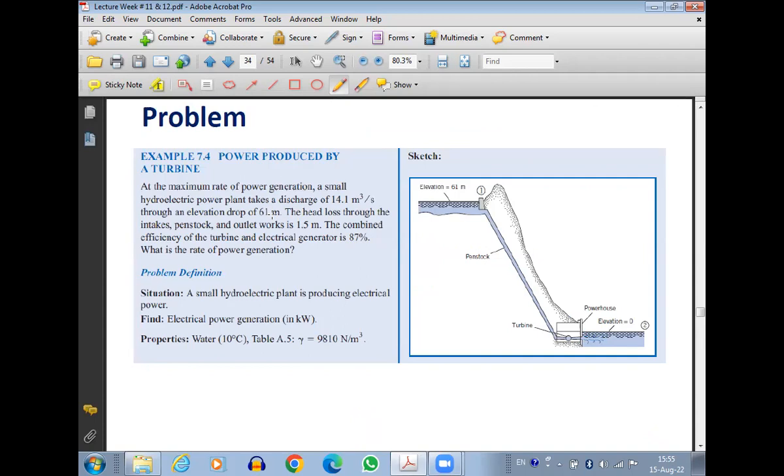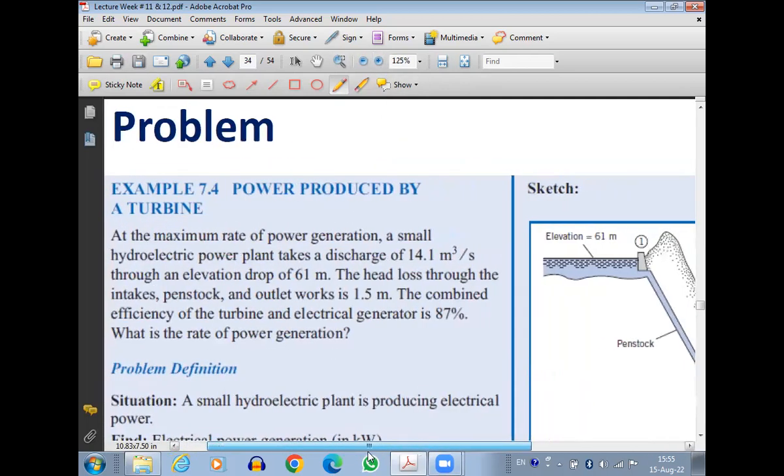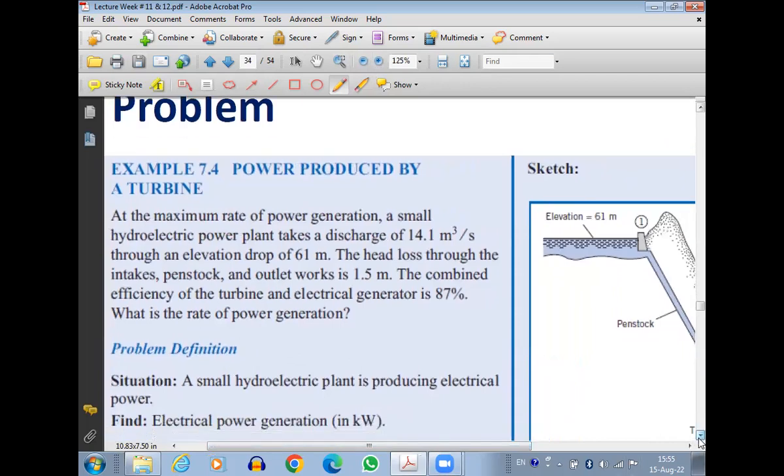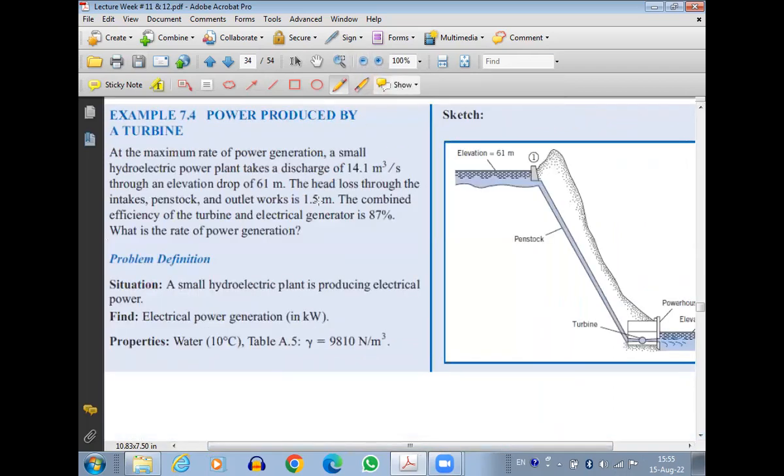Okay, now let's see this problem. At a maximum rate of power generation, a small hydroelectric power plant takes a discharge of 14.1 meter cube per second.